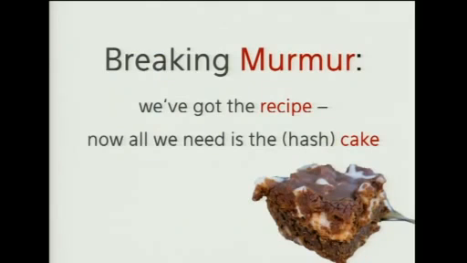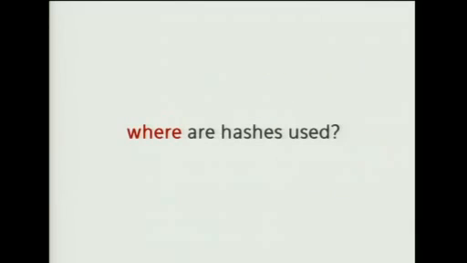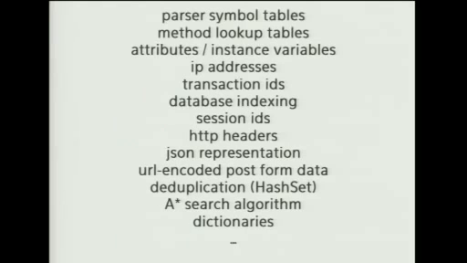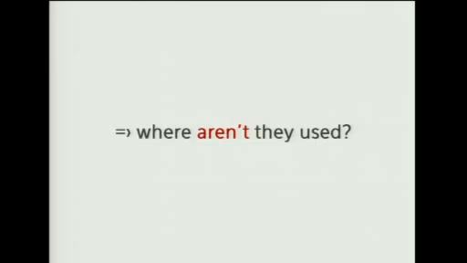Okay, we got a recipe, and all we need to do is bake a cake. So let's start to look at where we could actually apply this. This is a short list, so you don't have to go through all of this. I think the question is rather, where aren't hashes used? Every real-world application has them somewhere.